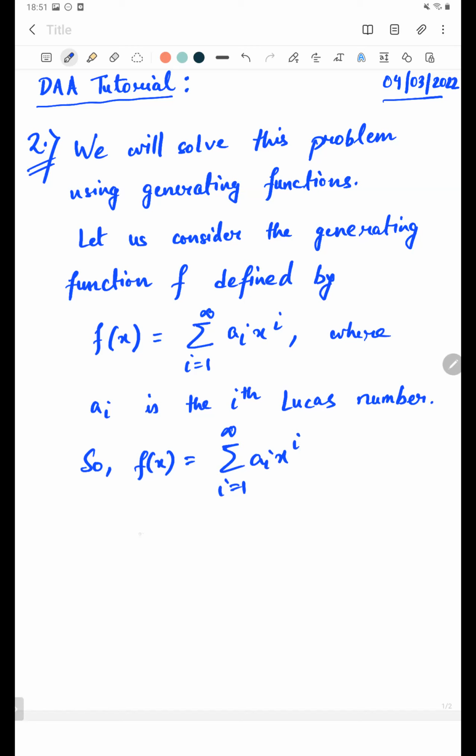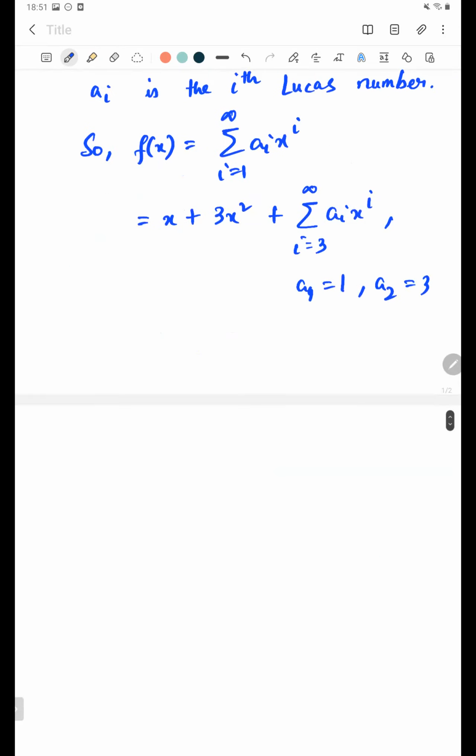This can be written as x plus 3x square plus sum of ai x to the power i from 3 to infinity, because we know that a1 is equal to 1 and a2 is equal to 3.